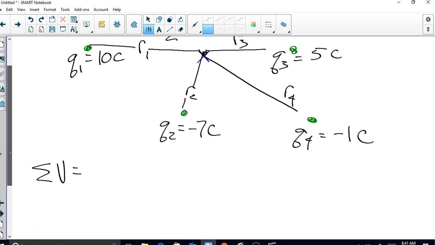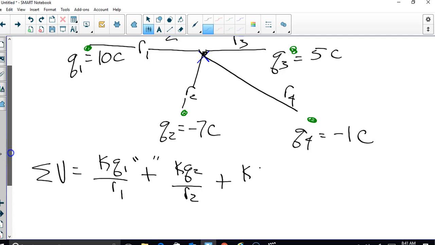So all you have to do, ladies and gentlemen, is do kQ1 over R1 plus, it depends on whether or not the next thing is negative, by the way, kQ2 over R2 plus kQ3 over R3 plus kQ4 over R4.